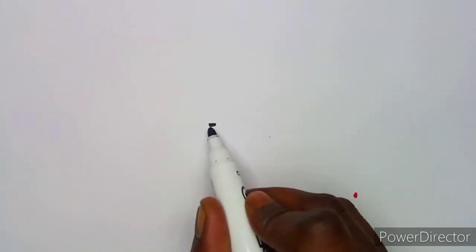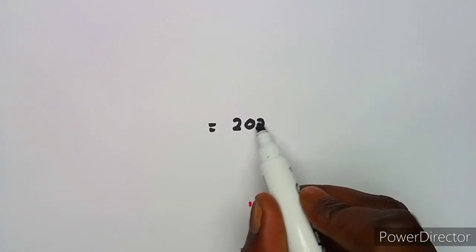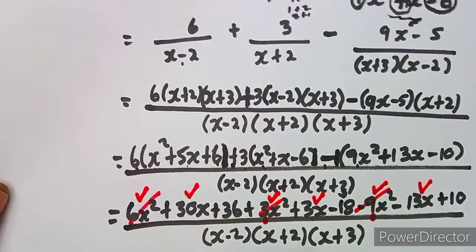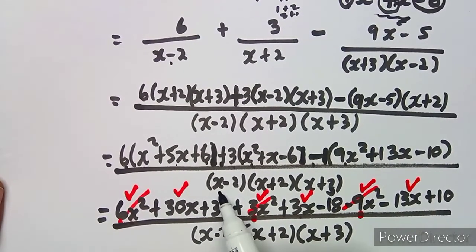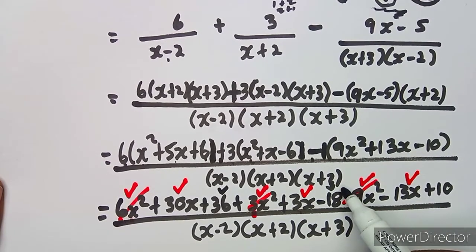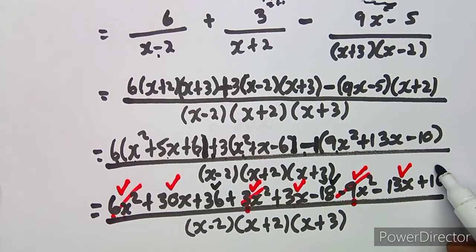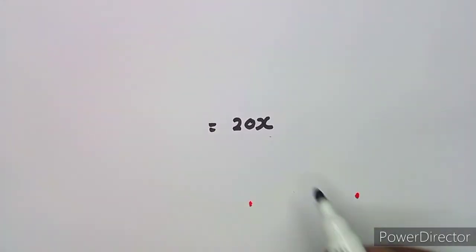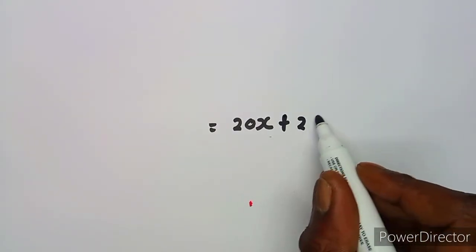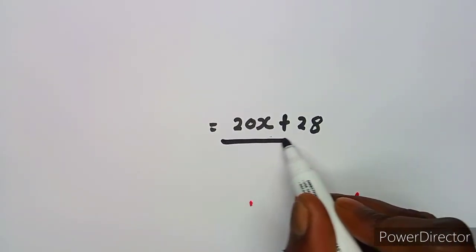Remember, the part of x squared cancelled, so we are just going to be left with 20x. We move on to the constants. We have got 36 minus 18, which is actually 18, then plus 10, which is 28. 18 plus 10, which is 28. So we're going to have 28 like this. Everything over the brackets as they are.